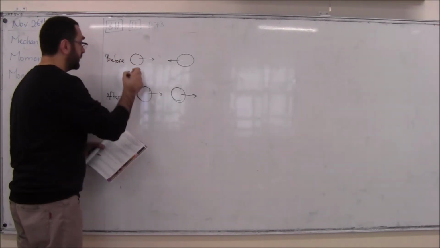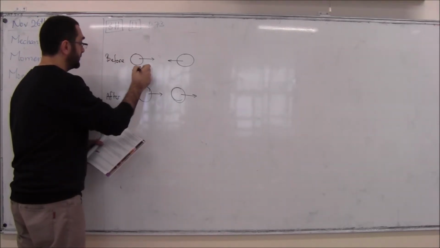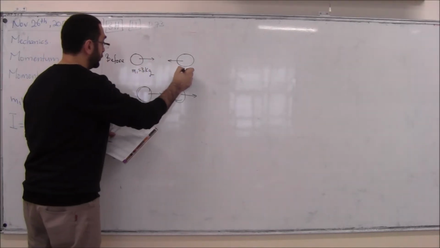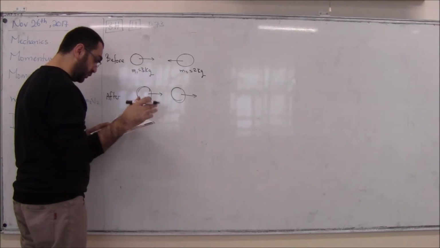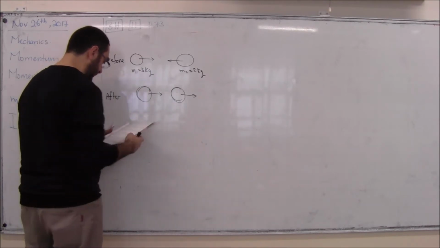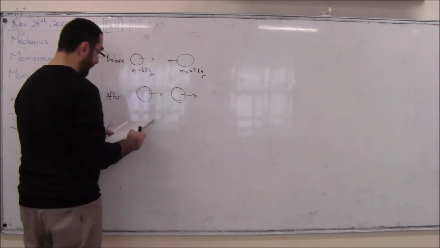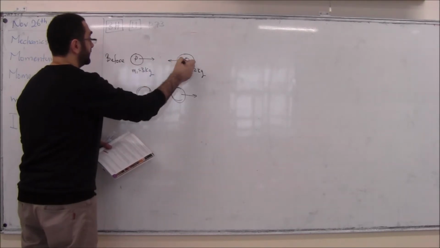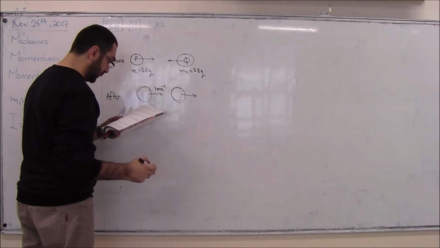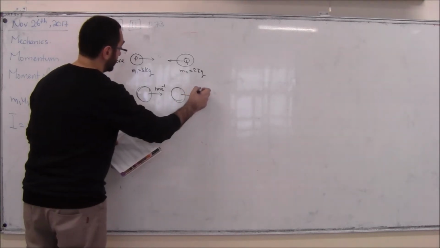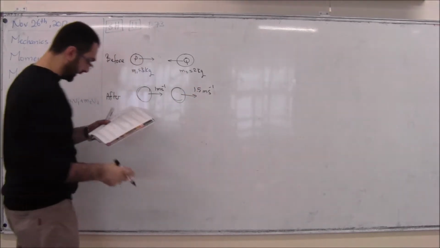After, M1 is 3 kilograms and M2 is 2 kilograms. After the collision, they move in the same direction, with P at 1 meter per second and Q at 1.5 meters per second.